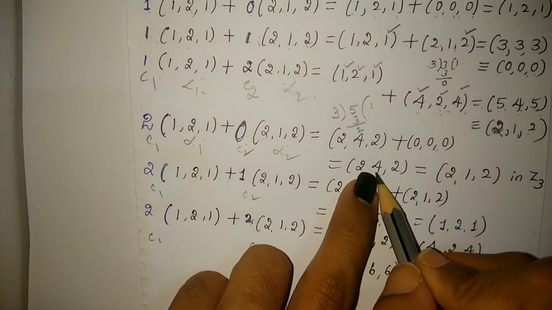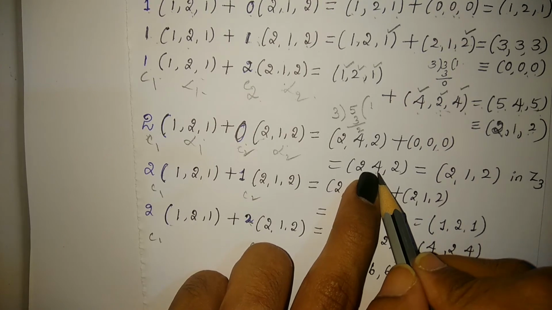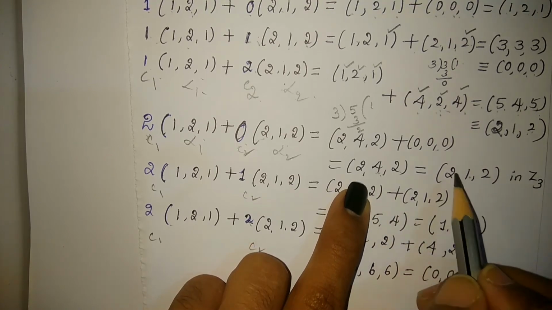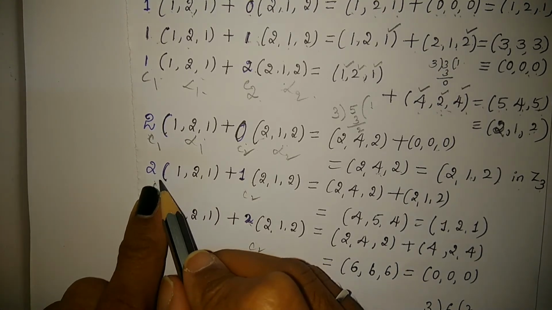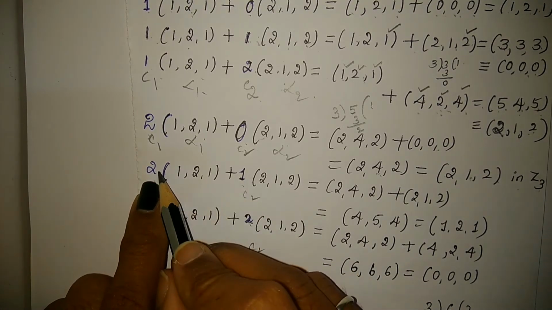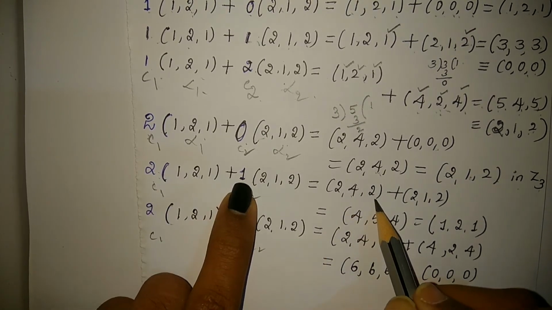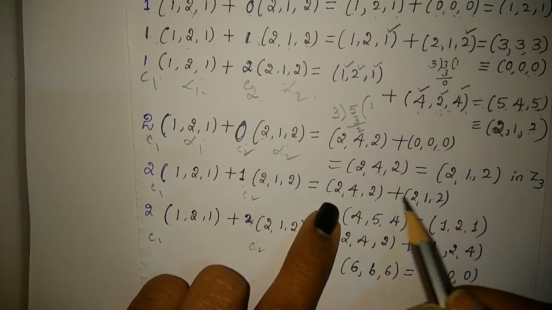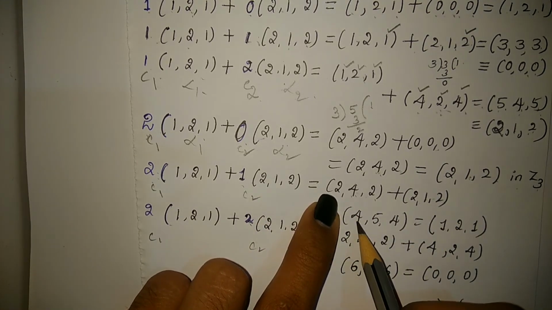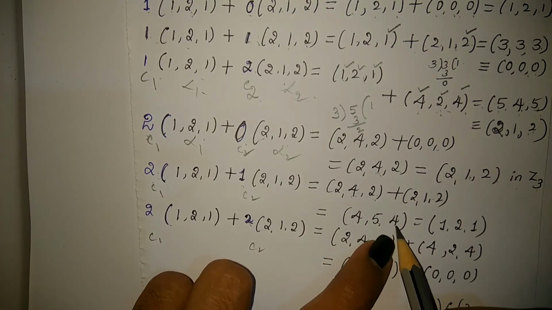But 4 is not an element of Z3. Therefore, if I divide by 3, we get a remainder 1. Is it clear? 2 1 2, which is clearly in Z3. Next, I am taking 2 with 1. Then 2 1s are 2, 2 2s are 4, 2 1s are 2, plus 1 into 2 1 2, which is nothing but 2 1 2 itself. If I add these two, 2 plus 2 is what? 4. 4 plus 1 is what? 5. 2 plus 2 is what? 4.